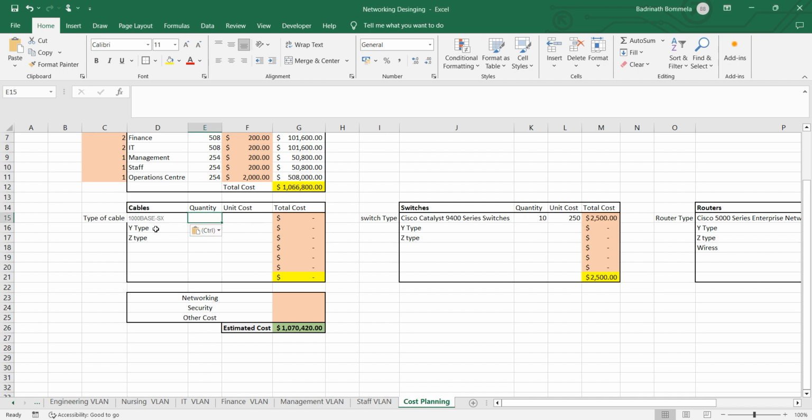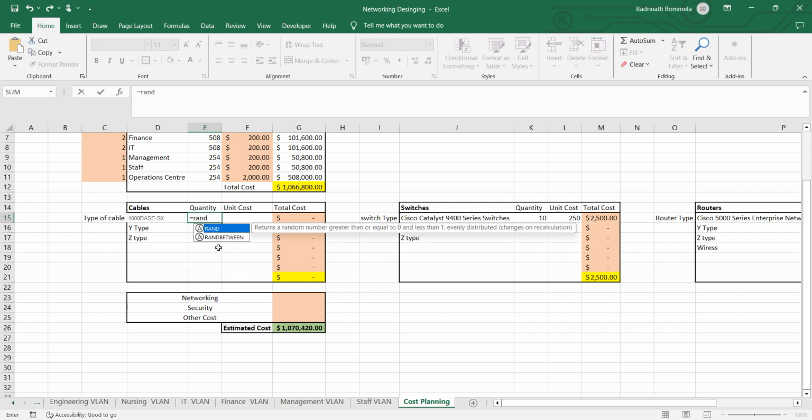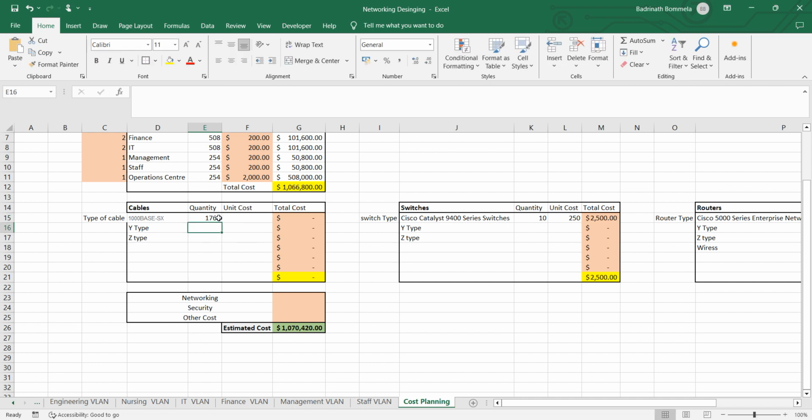Somebody can give the full name, somebody can give half of the name, and the quantity should be more than 50, randomly between 50 and 100, maybe 200. And value we can include.